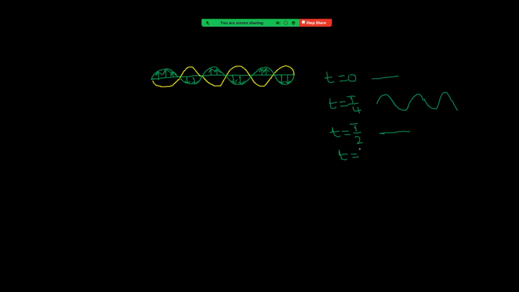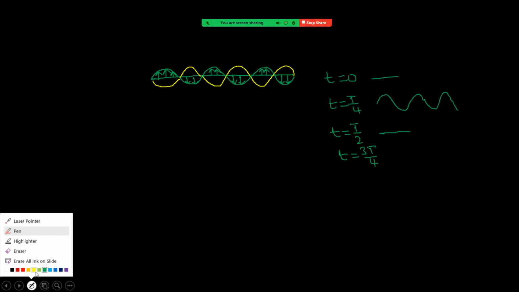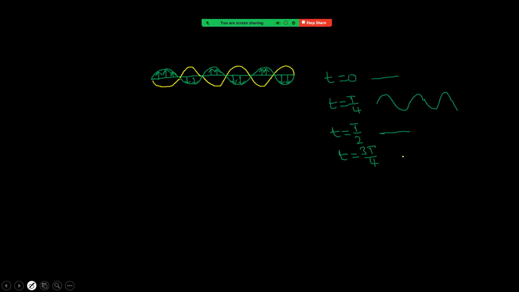When t equal to 3T by 4, string shape will be, it is yellow color, like this, right?